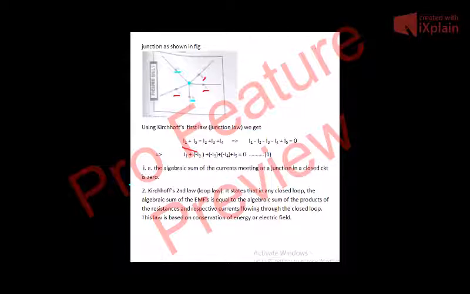Sum of currents entering the junction must be equal to the sum of the currents leaving the junction.